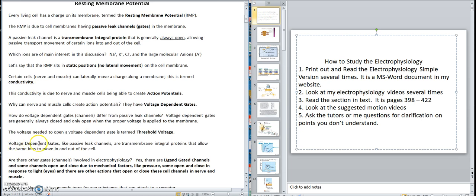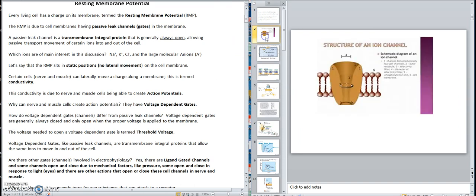Voltage-dependent gates, like passive leak channels, are transmembrane integral proteins that allow the same ions in and out that we just discussed, which would primarily be sodium and potassium.